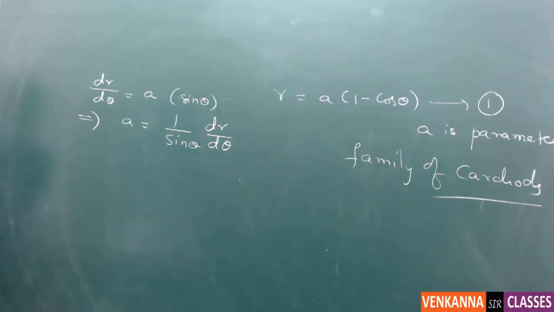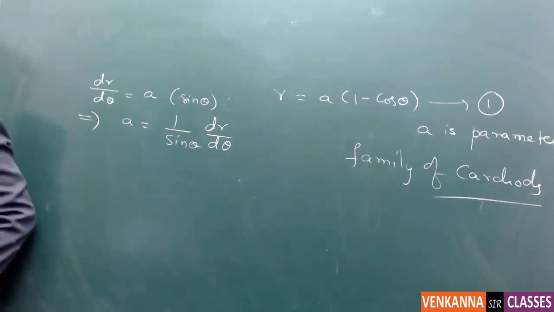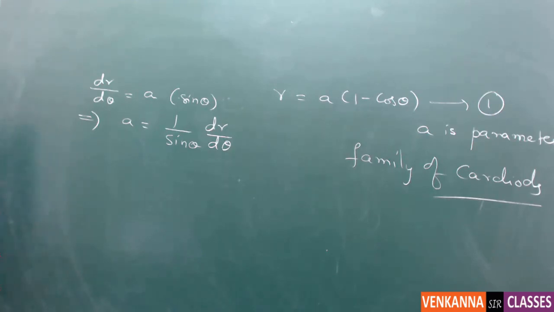Can you have a look over the calculus portion earlier? If you look at it, from 2010 to 2017, how many questions are framed on curve tracing or asymptotes? Hardly one or two. So compared to the weightage given to other concepts, we set them aside.